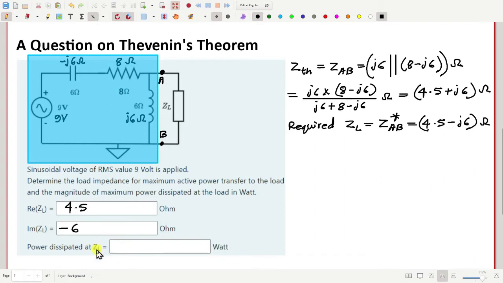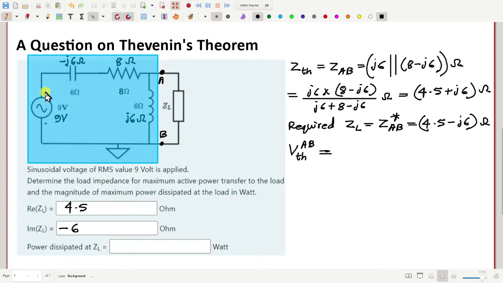For that, let us first find out the Thevenin voltage between A and B. So V Thevenin between A and B is how much? The Thevenin voltage is the voltage between A and B in the absence of this load ZL. When this load is not connected, how much is the voltage between A and B?